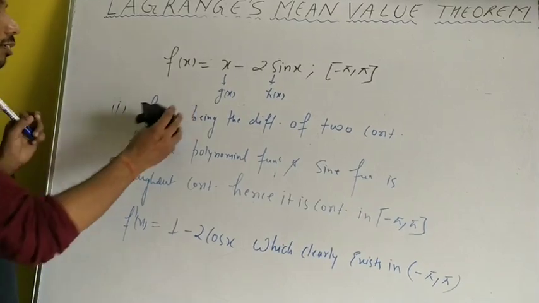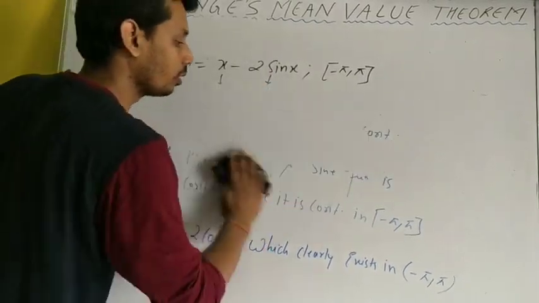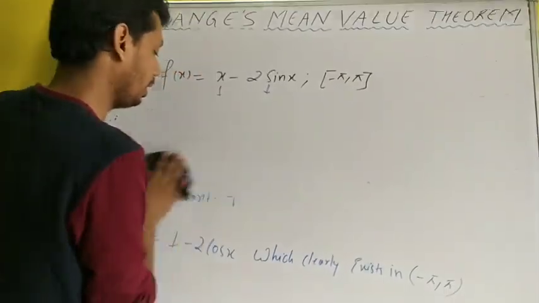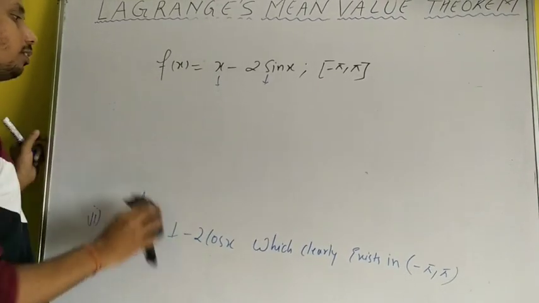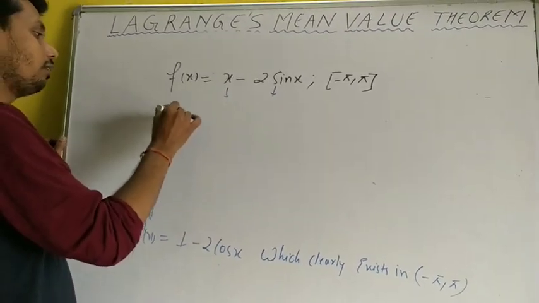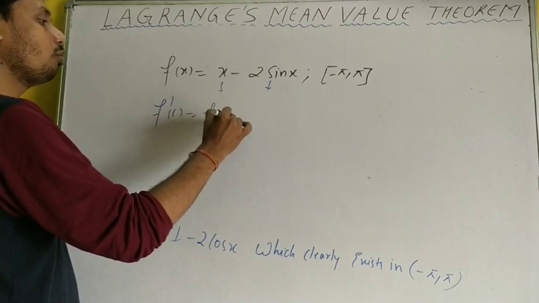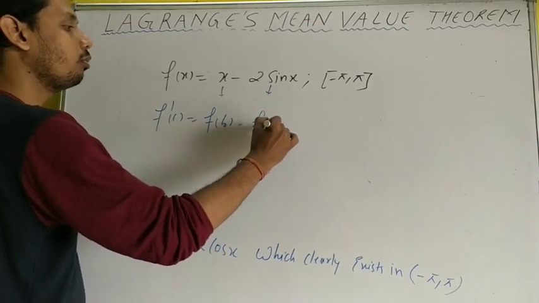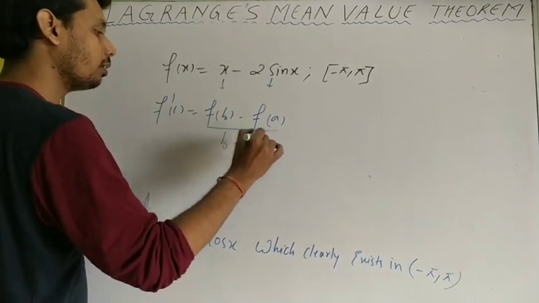Now let us determine that. Now f dash c is equal to f(b) minus f(a) upon b minus a.